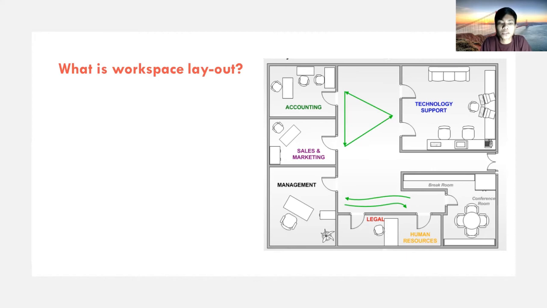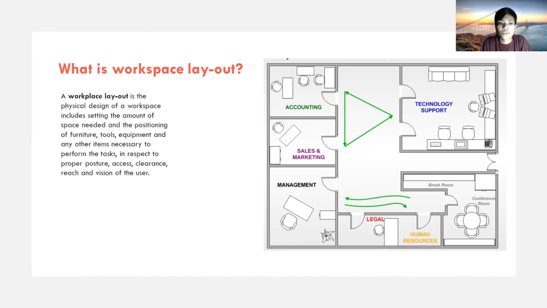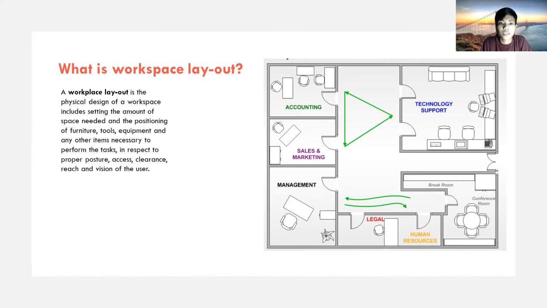A workspace layout is the physical design of a workspace, which includes setting the amount of space needed and the positioning of furniture, tools, equipment, and any other items necessary to perform the task, with respect to proper posture, access clearance, reach, and vision of the user.